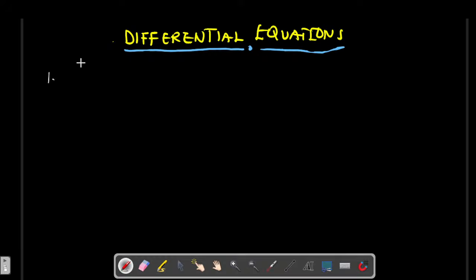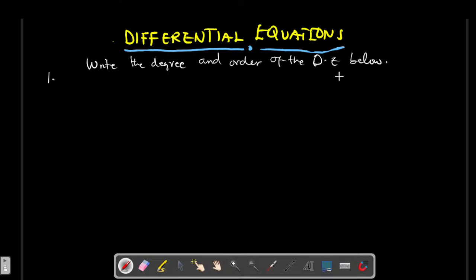So this question is preambled: write the degree and order of the differential equation below. So let's see the first differential equation.